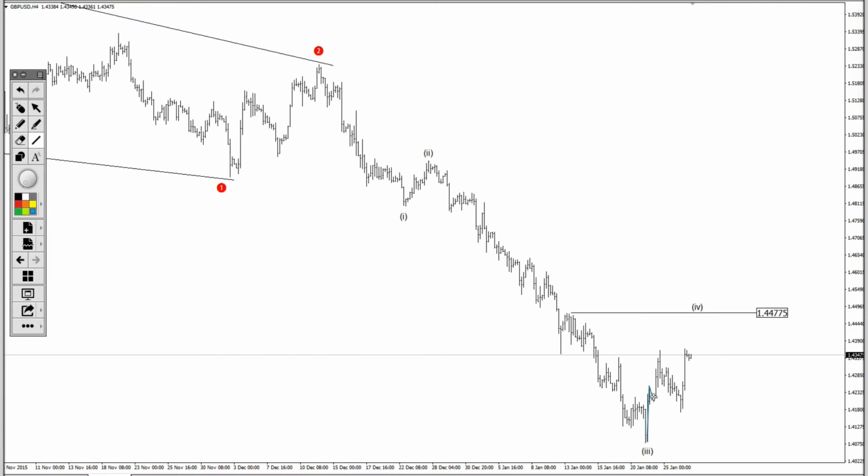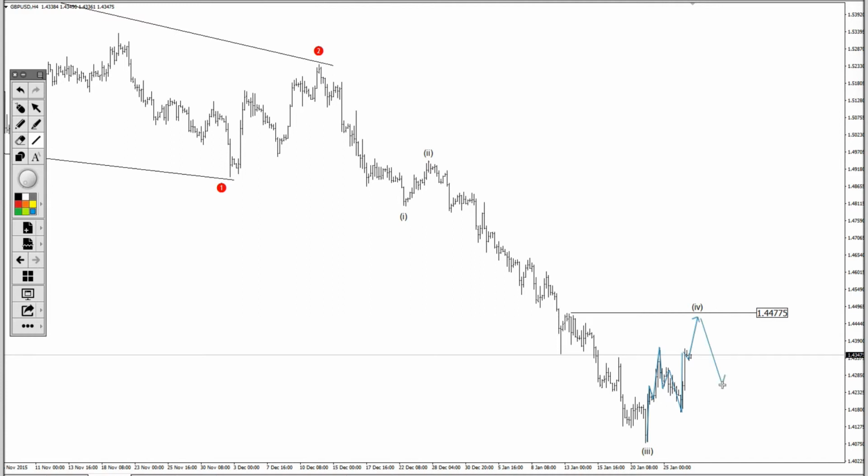Maybe there's a WXY correction going on here. So 3 waves up, 3 waves down for the X wave, and now we can expect a 3-wave move. And maybe towards the previous fourth wave and the termination point of the previous fourth wave, which I have marked at 144.77.